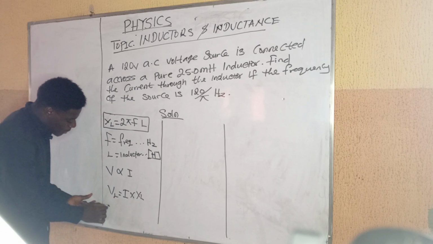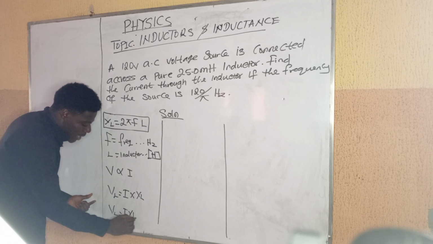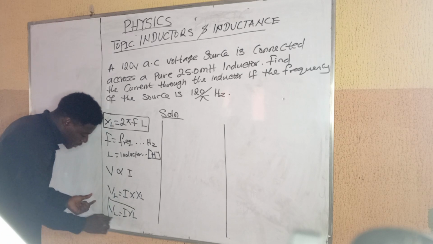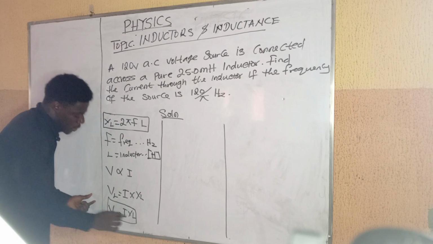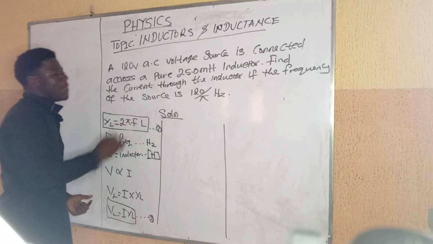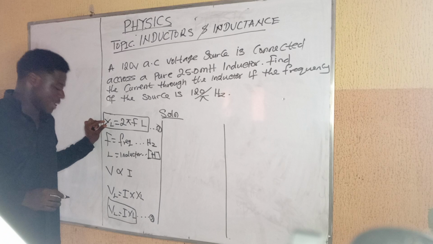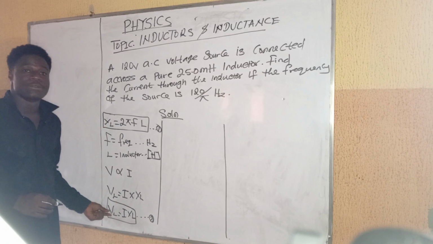So I also have the formula VL equals I XL. This is the second formula I will use. The first is for opposition, called inductive reactance, and this one is for the voltage across an inductor.